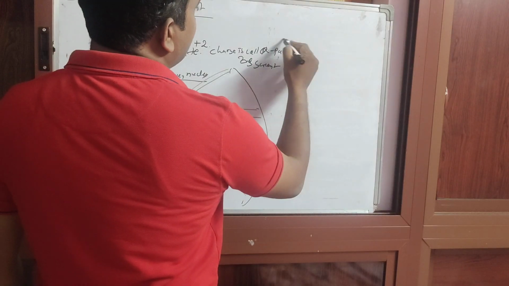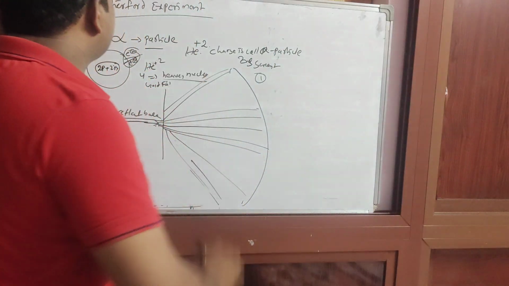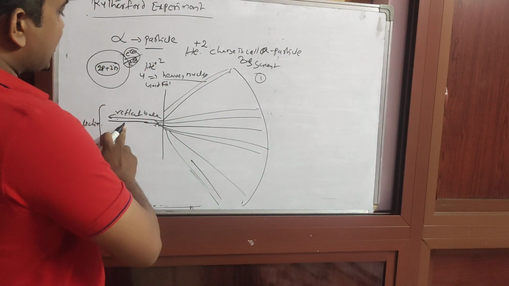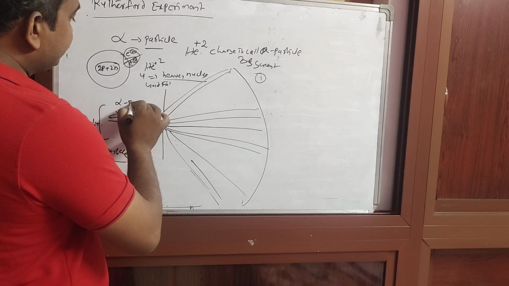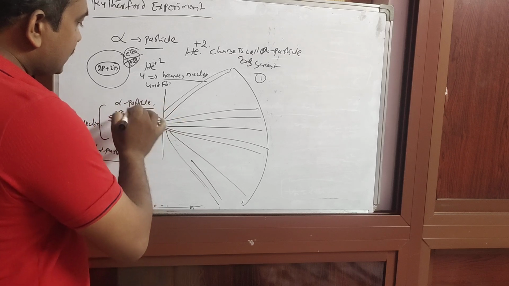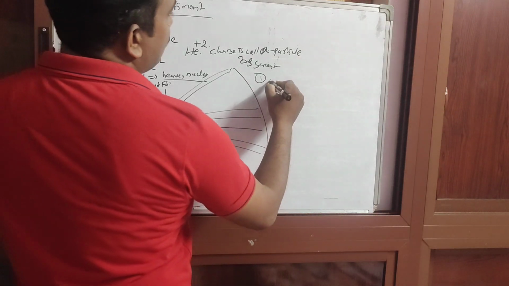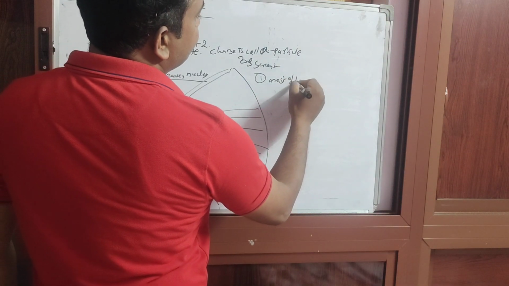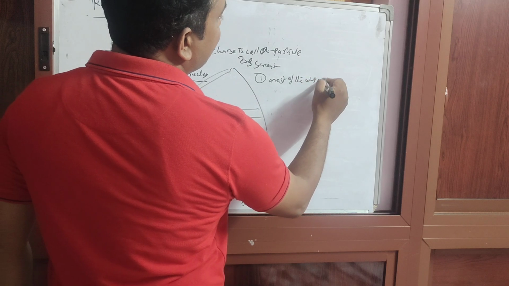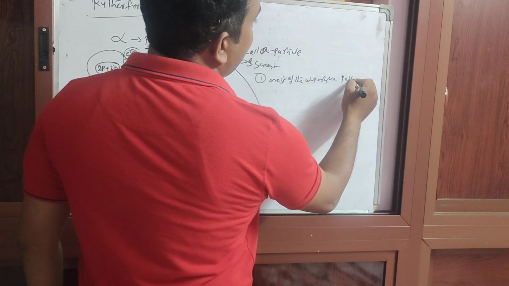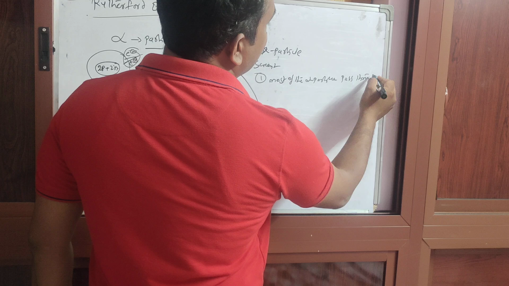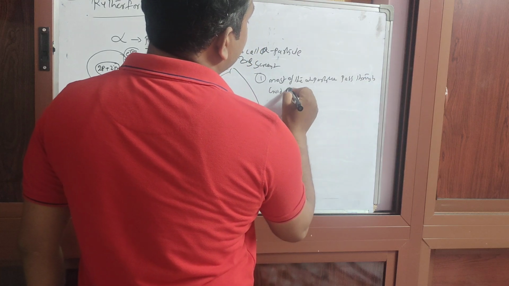By doing this experiment, Rutherford observed the following. One important point: most of the alpha particles pass through the gold foil.